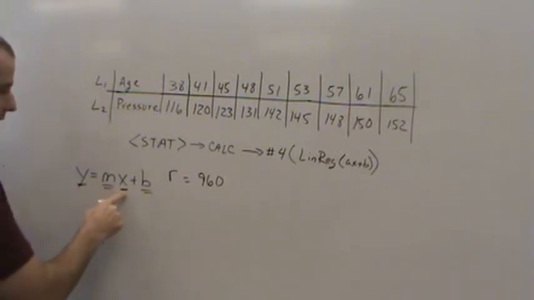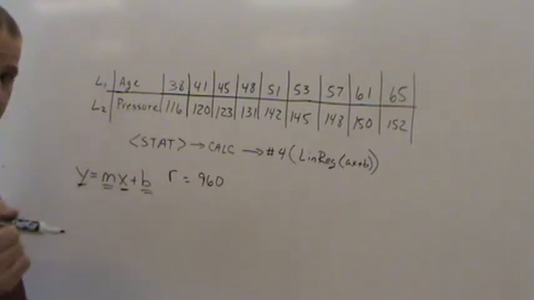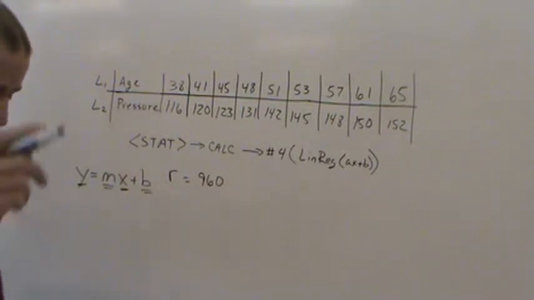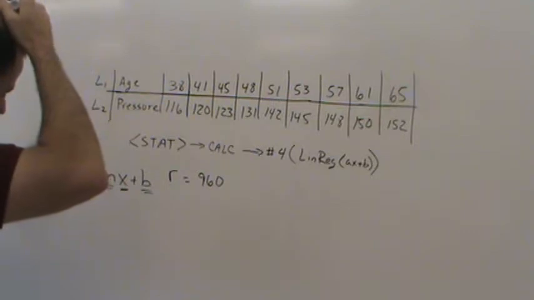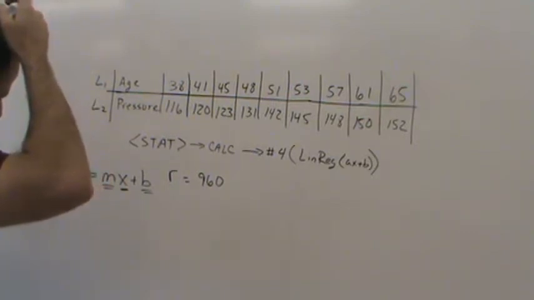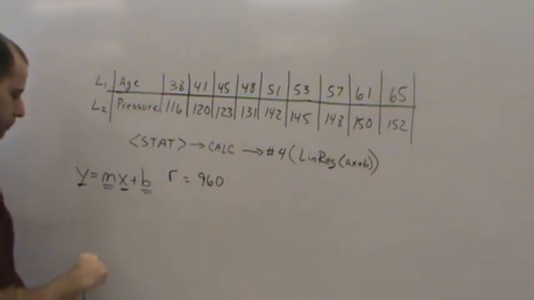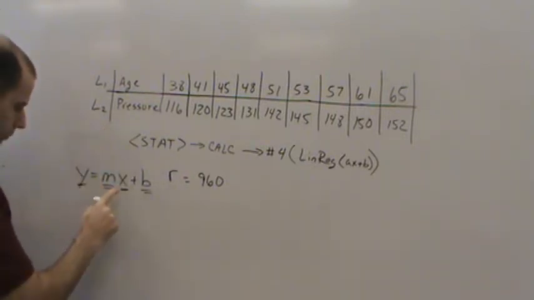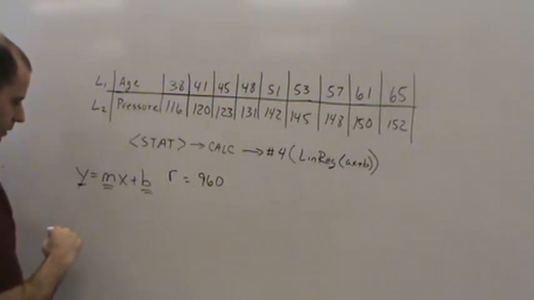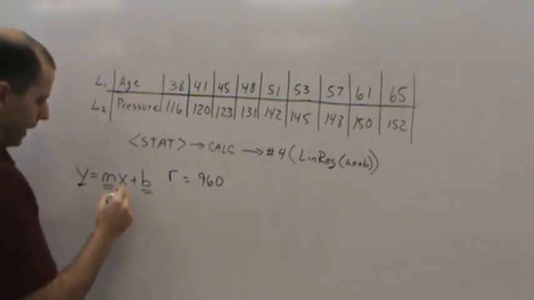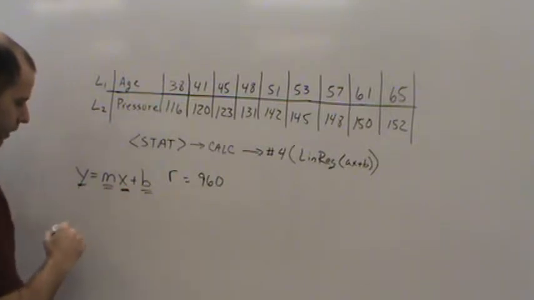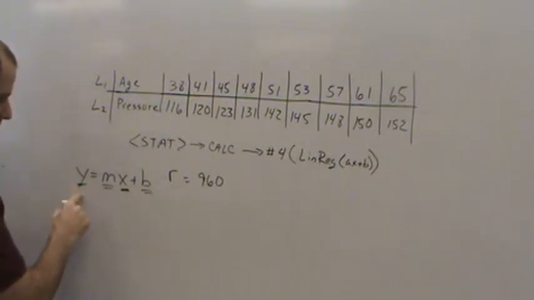X is what we call the independent variable, and we talked about this in chapter, what chapter was that? Chapter 1, rather, when we were doing observational studies and experiments. So here, x is the independent variable, and y is the dependent variable.